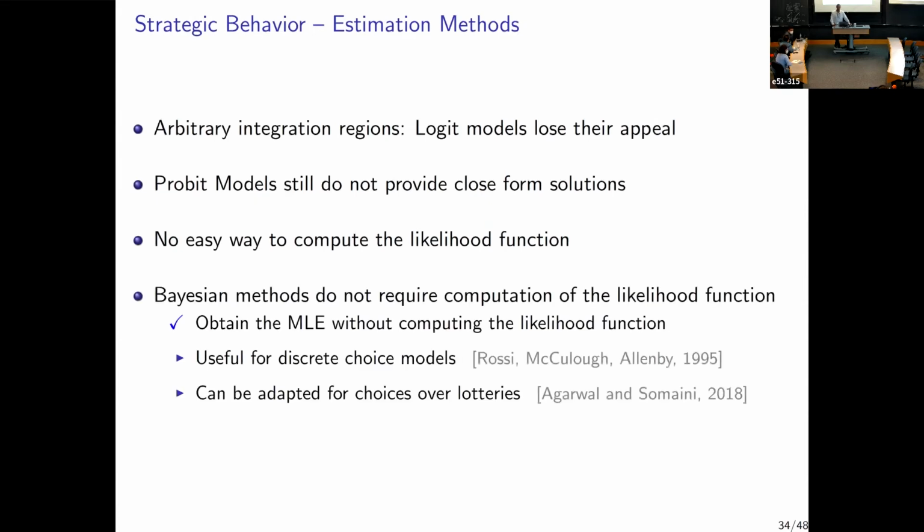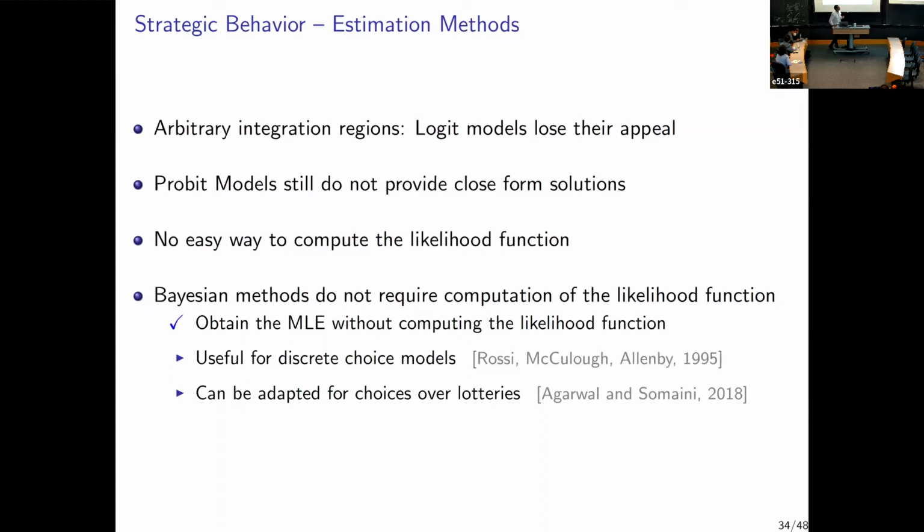And that is when you realize that actually you can rely on Bayesian methods. Why? Well, because we need to avoid computing the likelihood. So we would like to basically run an MLE without actually computing the likelihood at any point.